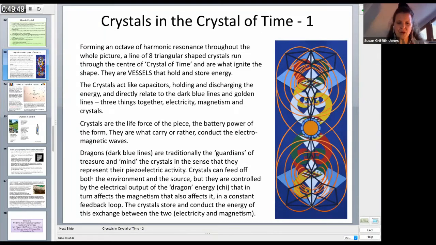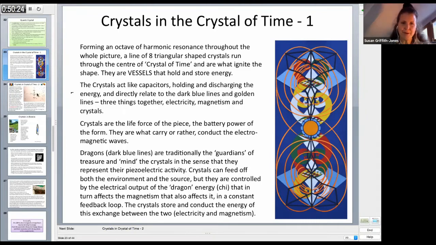Crystals can feed off both the environment and the source, but they are controlled by the electrical output of the dragon energy, the chi in that sense, that is in turn affecting the magnetism that also affects it, as in the electrical output, in a constant feedback loop. So we've got this relationship between the electricity and the magnetism and the crystals, and they're all working together and creating this machine. The crystals store and conduct the energy of this exchange between the two, the electricity and the magnetism.